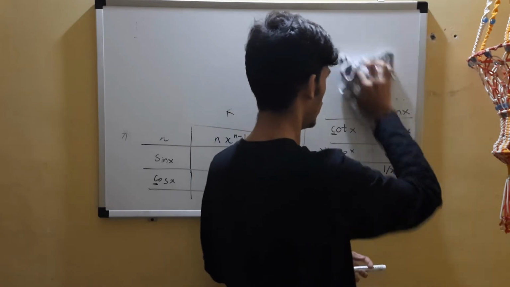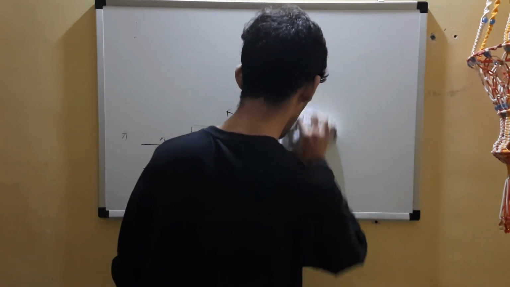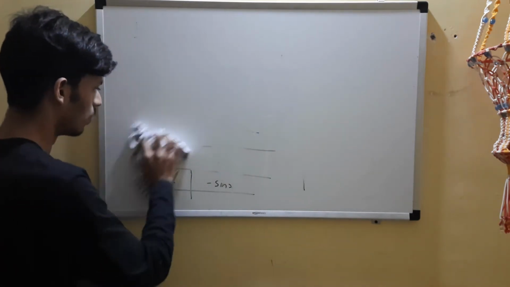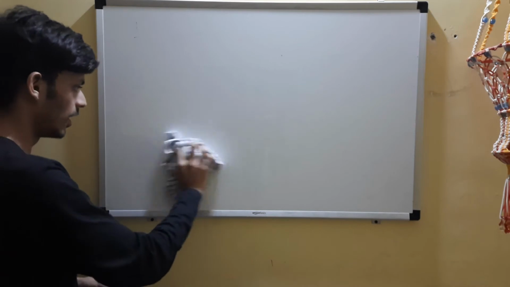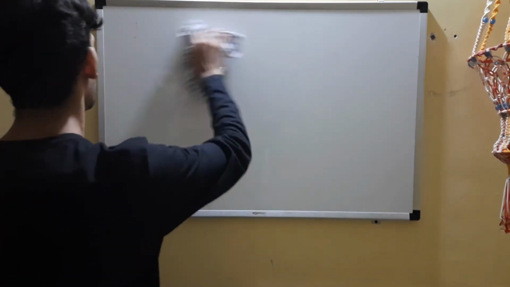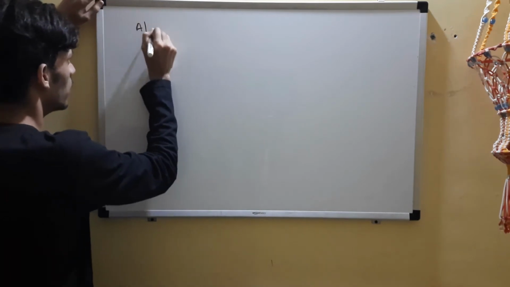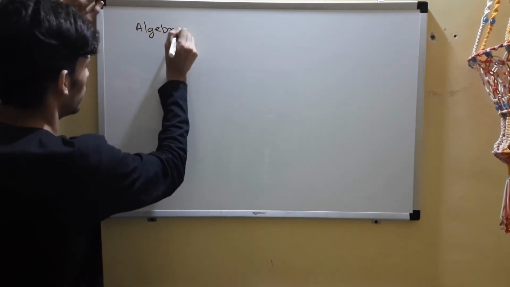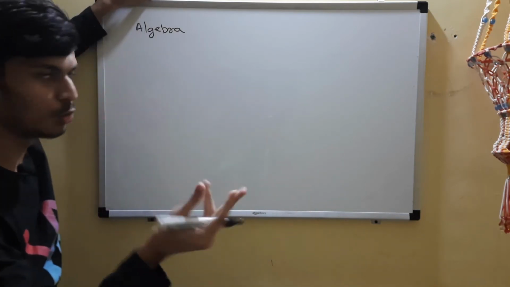We'll learn some algebra now. Algebra of derivatives. When two functions are added, what will be their derivative? When two functions are subtracted, what will be their derivative? So consider that you have two functions u and v.